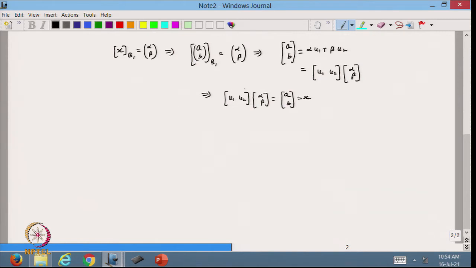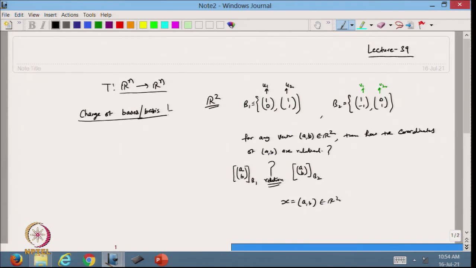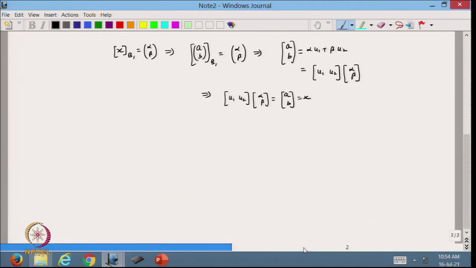Let us call this matrix C1, the matrix made up of the basis vectors.